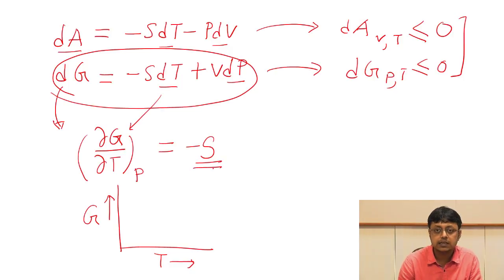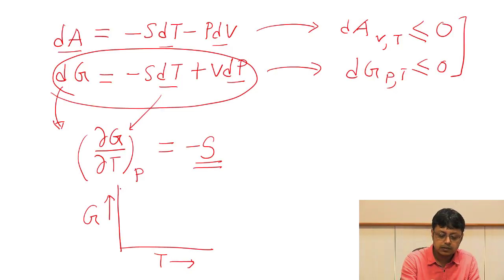Remember, S is entropy, and entropy is a positive quantity, which means del G del T at constant P is always negative. It is the slope, so Gibbs free energy decreases with increase in temperature.